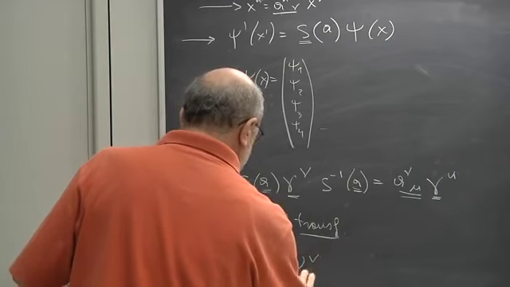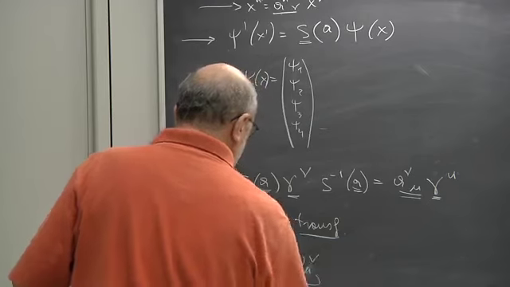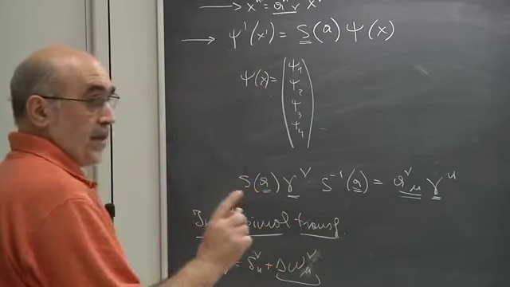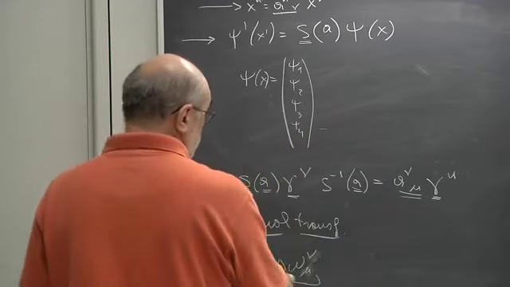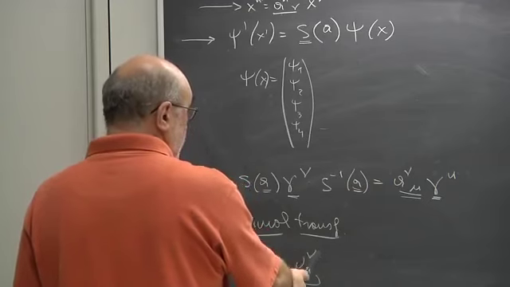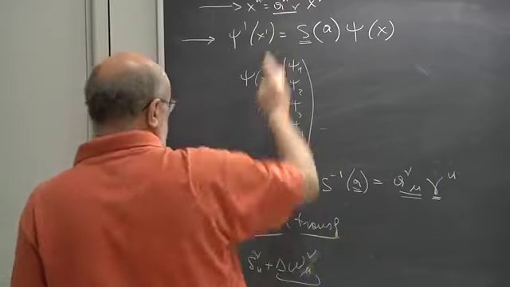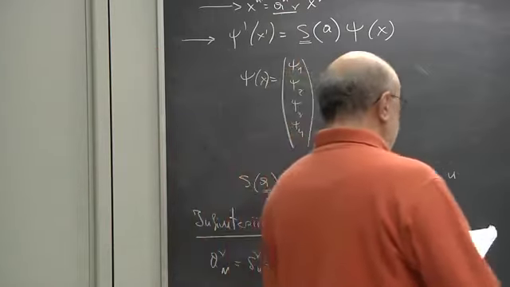So this is some unknown small quantity that depends on the parameters of the theory, and this is the identity. As it is an infinitesimal transformation, it will be the identity plus something. And you see these mu and nu are matrix indices at this level, and at this level they are matrix elements.